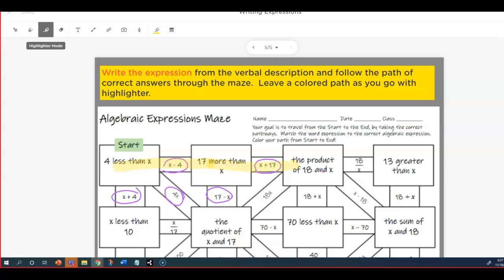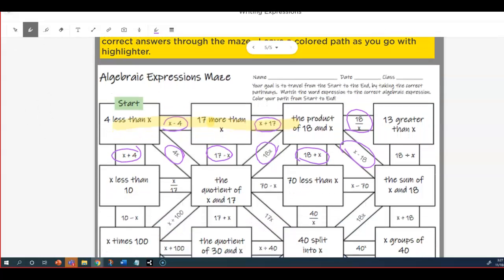Okay, this is the last one I'm going to do with you. The product of 18 and X. Look how many choices this has. It's 4. Product is the answer to multiplication. So I'm going to look for multiplication showing the product of 18 and X. Well, 18 divided by X is what the fraction tells me.